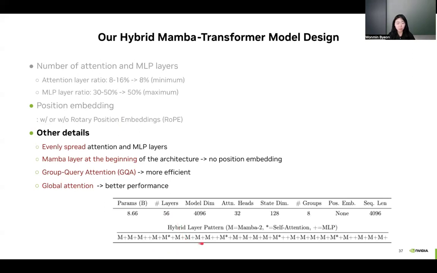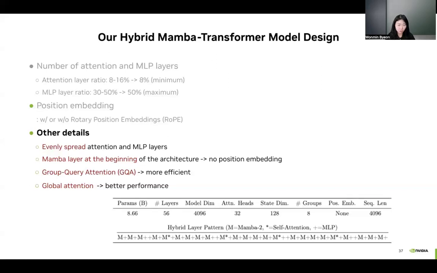So we evenly spread these 4 attention layers first, and after that we place the MLPs, again evenly spread out. So there's no special way of embedding it. It's just automatically spreading out based on the number of attention and MLP layers we need.